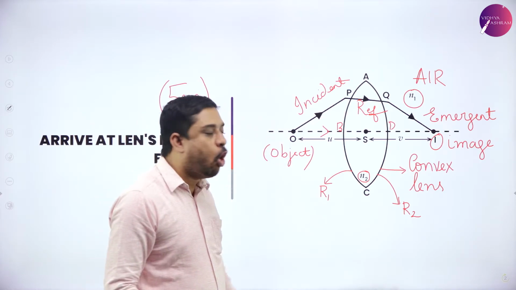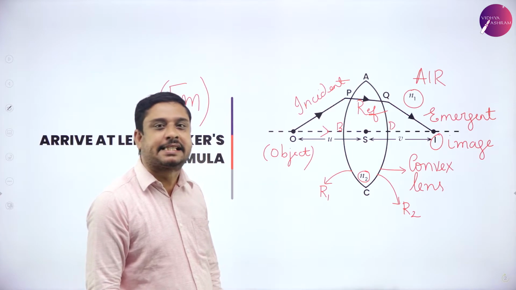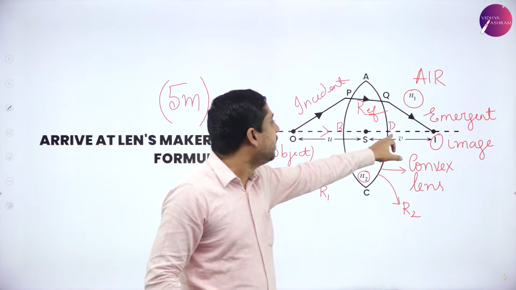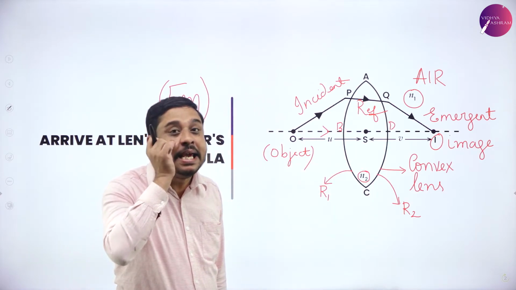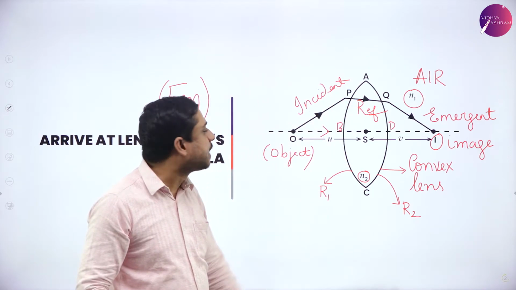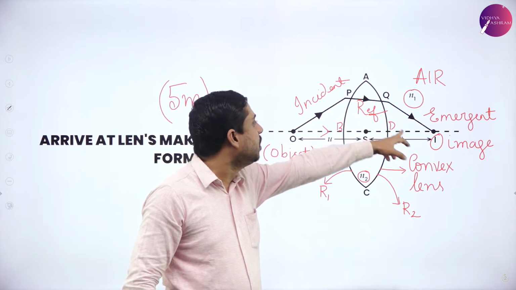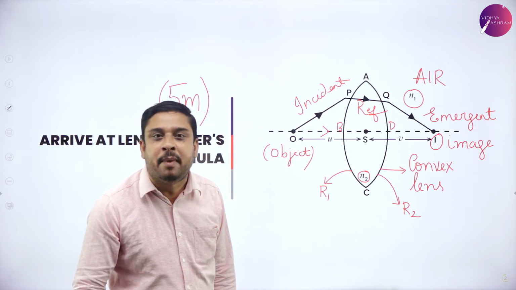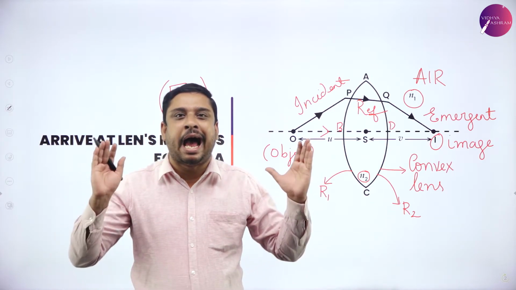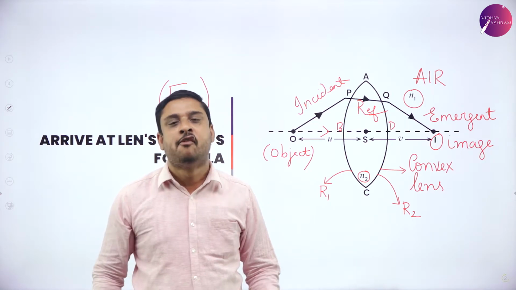O is the object, u is the object distance. I is the real image, v is the image distance. OP incident ray, PQ refracted ray, QI emergent ray. So these are the basic considerations I have taken to analyze the lens maker's formula.